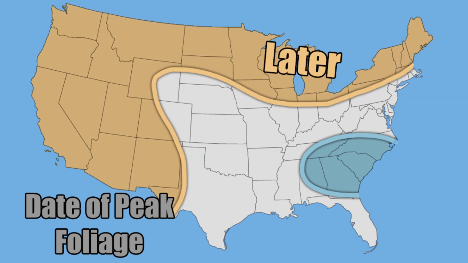Now, here's a large area where I put later peak foliage. That's for pretty much the entire western United States west of the Rockies, also for parts of the northern plains, down through parts of the upper Great Lakes, and into parts of the Northeast, especially the interior Northeast, seeing most likely later than normal fall foliage.